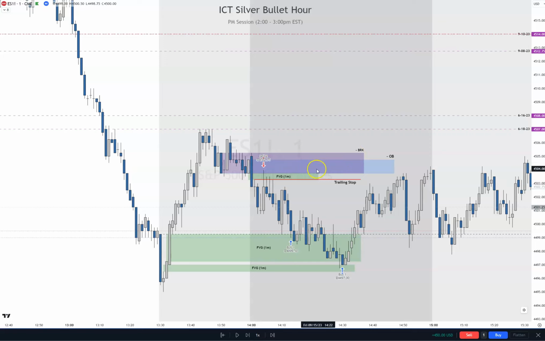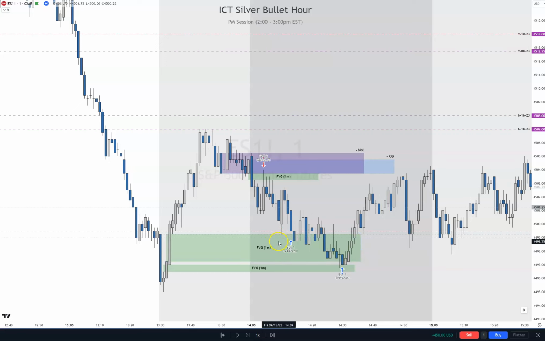We saw a breaker block, we saw an order block, and a fair value gap.